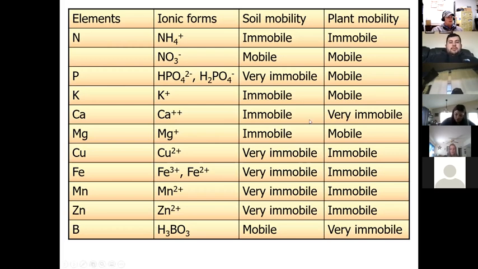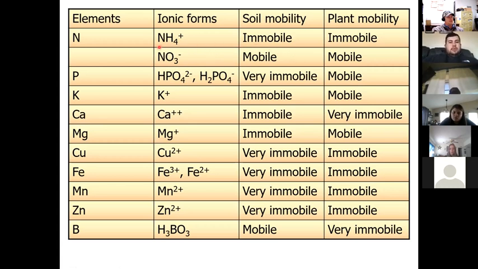All right. Now, this table right here speaks to how these elements behave in the soil. All right. And it also speaks to how they behave in the plant. And when we talk about these, we usually talk in terms of their mobility. So let's look at nitrogen. And let's look specifically at nitrate, because we know a lot about nitrate already, right?